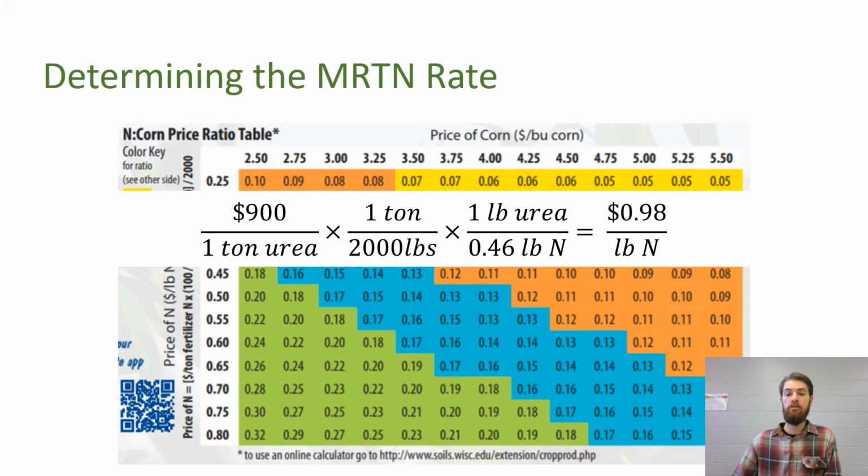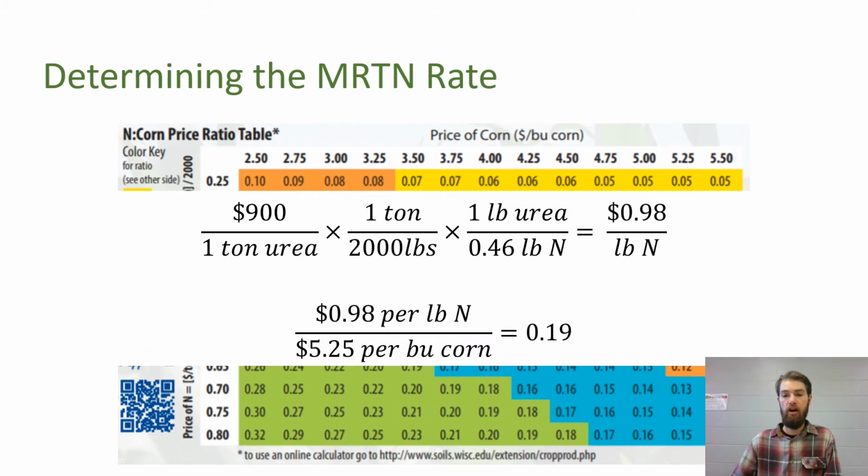Then we know that there's 0.46 pounds, or 46% nitrogen, per pound of urea. So we divided the value from the last division by 0.46, and that gave us a value of 0.98, or 98 cents per pound of nitrogen.